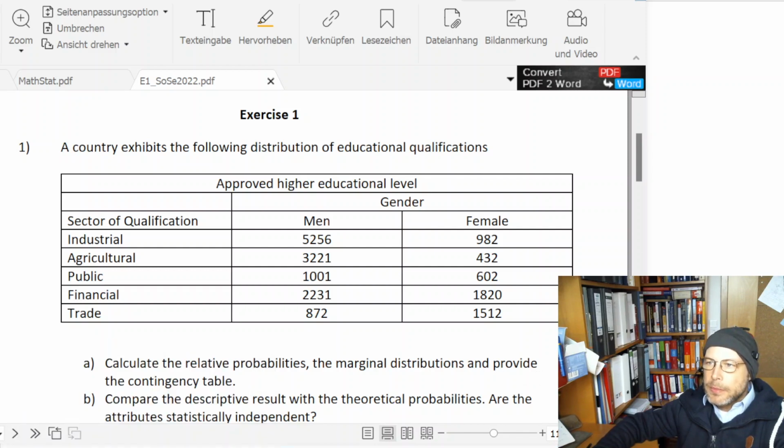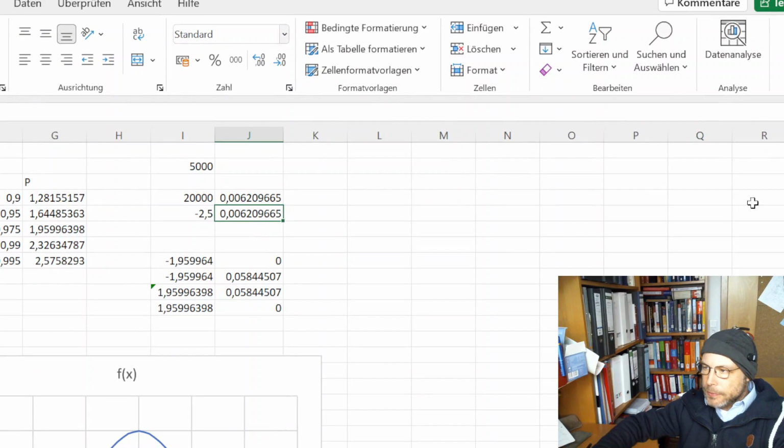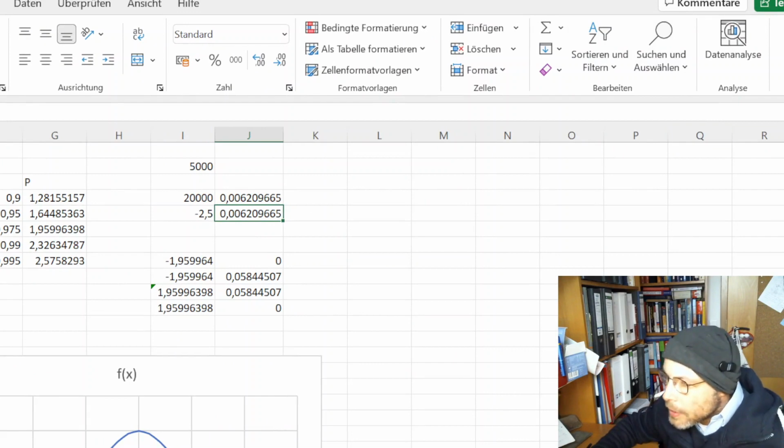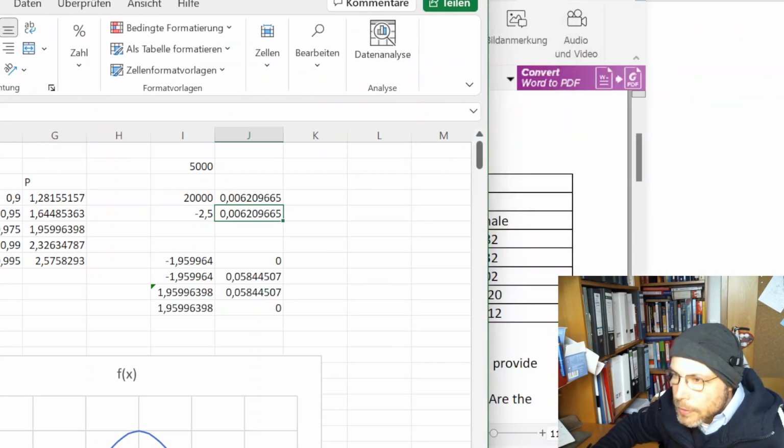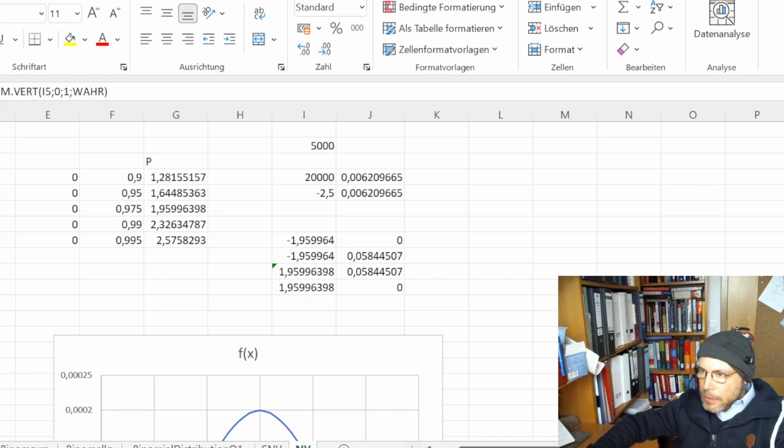So I open my sample file, and we switch over here so that you can see this, and have another sheet.